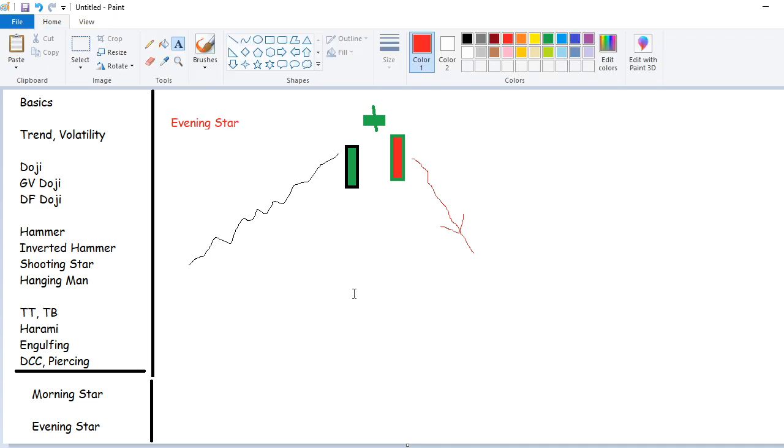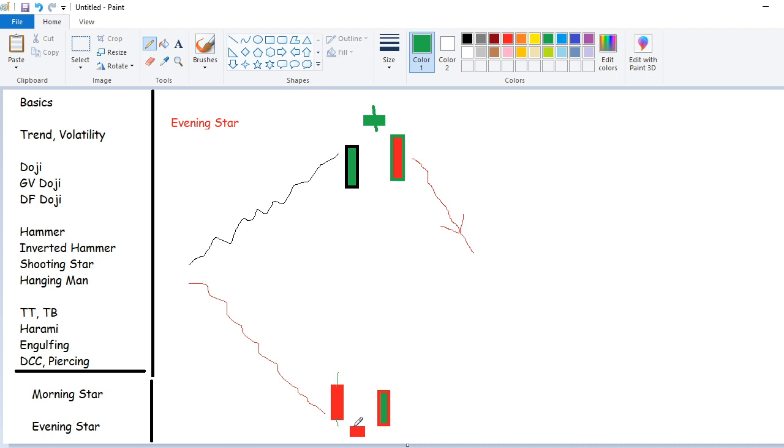Now, if we observe the same setup in a downtrend, there is a downtrend and a red candle. After that, a gap down open and a small candle, and then a gap up open and a green candle. Now look at this.